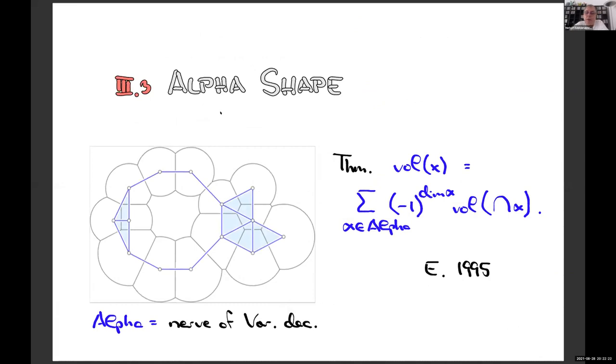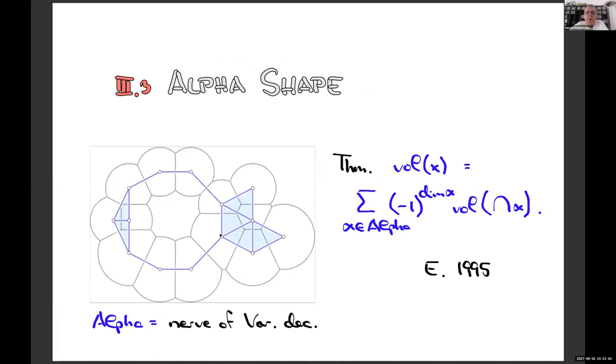And the inclusion-exclusion formula I told you about can be derived from this Voronoi decomposition. Namely, there's a theorem that I proved in '95 that the alpha shape is the dual complex of this Voronoi decomposition. In the picture, you see a drawing.